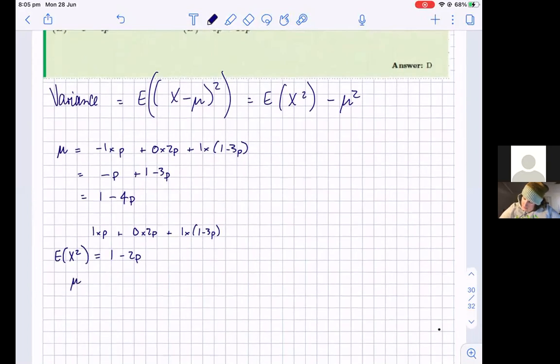The mean squared is 1 take 4p squared, which is 1 take 8p plus 16p squared.